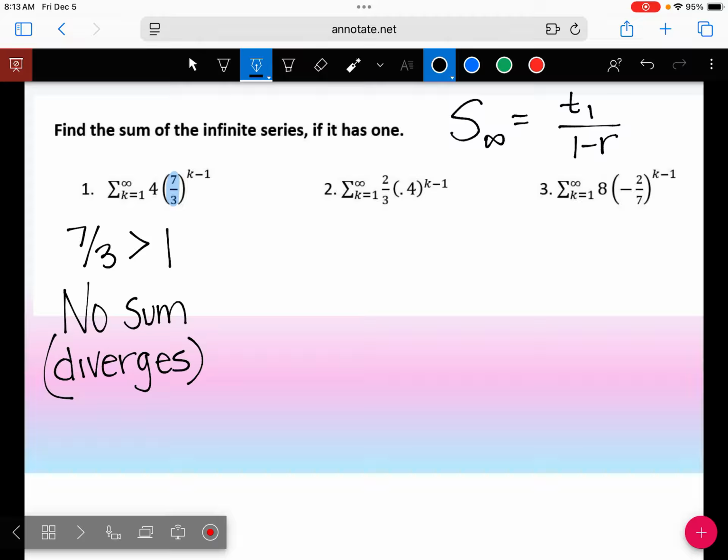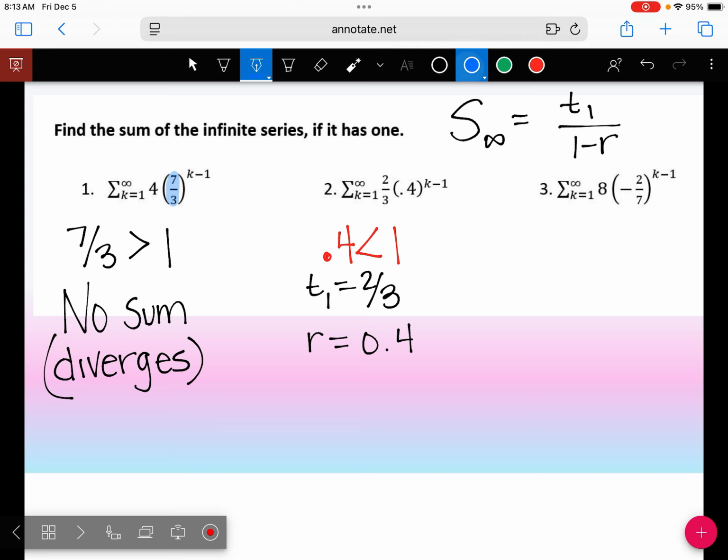All right, let's look at question number 2. We got 0.4. Is 0.4 greater than 1 or less than 1? Less than 1. So yes, we do have a sum. So my T1 is 2/3 and my R value is 0.4.